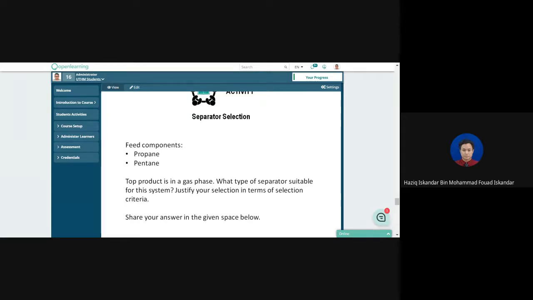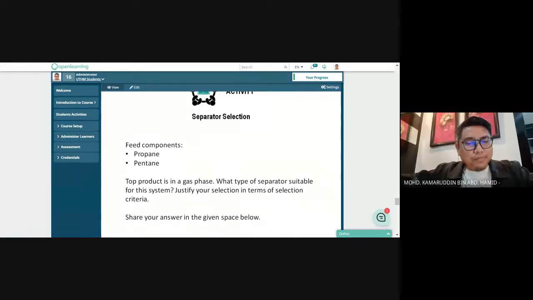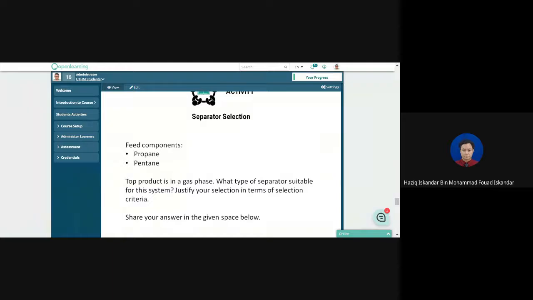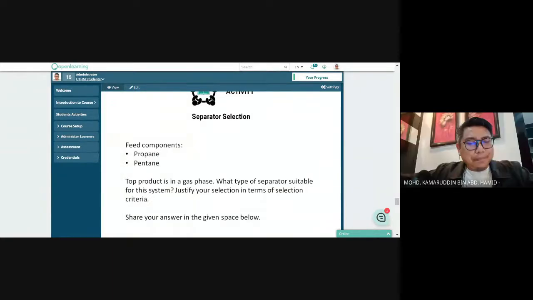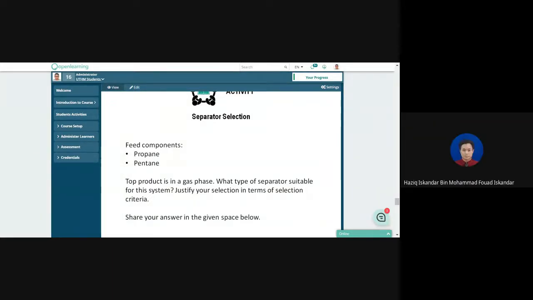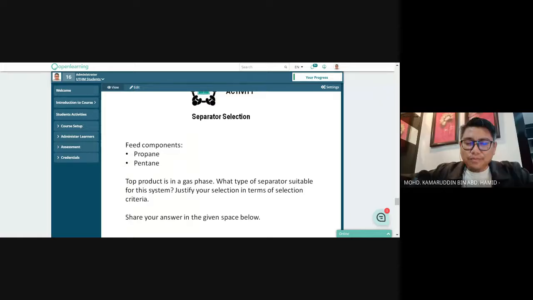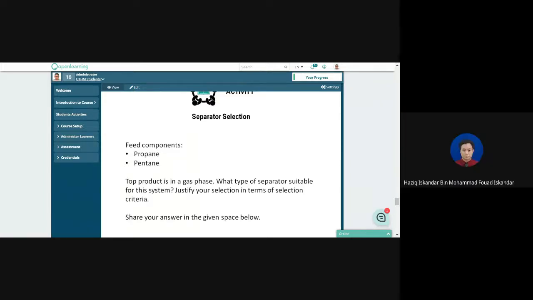Pentane dia boiling point lagi tinggi, so dia akan distill ke bawah, iaitu dalam reboiler. Propane dia punya boiling point rendah berbanding dengan pentane, so bila kita heat up, dia akan naik atas. So bila naik dalam condenser, kita akan dapat produk propane dengan pentane.